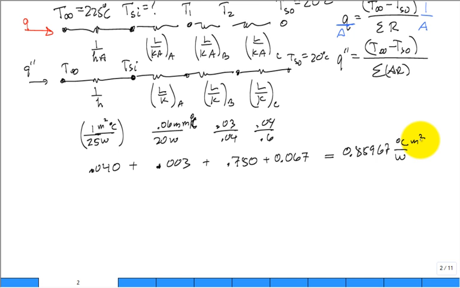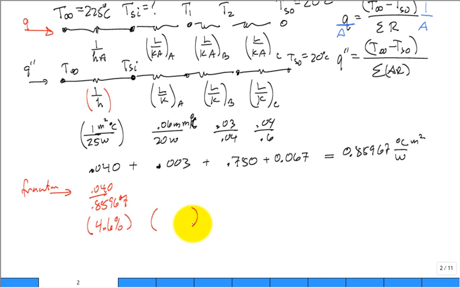All right. Well, what I can do is I can say, how big of a fraction does each one of these contribute? How much is the convection as a percent or a fraction of the total thermal resistance? And so I just come in 0.040, divide that by 0.85967, and I find that that fraction of resistance, thermal resistance, due to the convection is a whopping 4.6%.